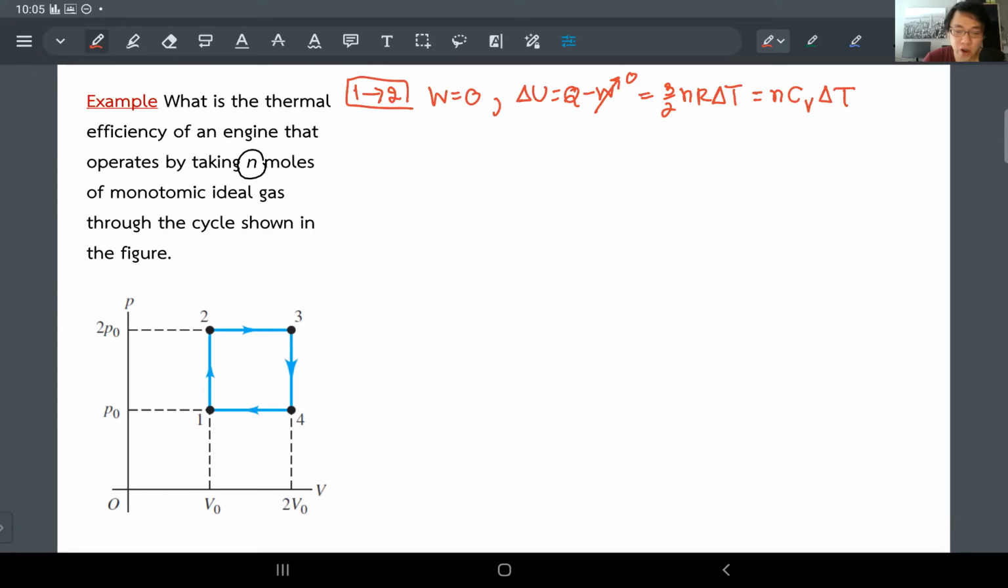A couple of things. Every time we see a PV diagram, imagine that we have an isothermal line all the time, something like that. Points 2 and 4 might not be on the same line, except accidentally.